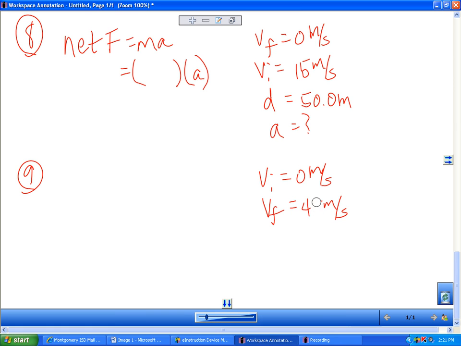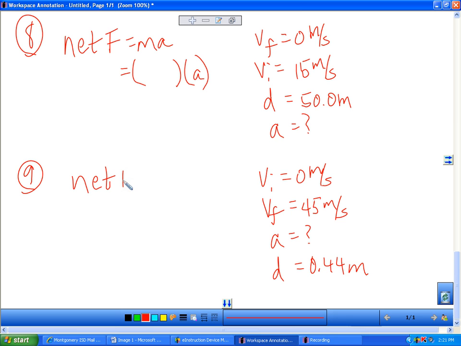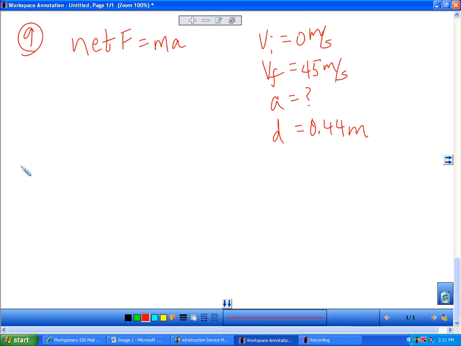It doesn't look much like a 5, so let's see if we can fix that. And we need the acceleration, and it's going to travel a distance of 0.44 meters. And then we can go back and do net F equals MA once we know our acceleration. More of the same. Okay, number 9 is done.